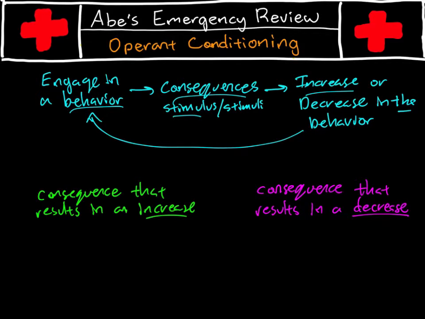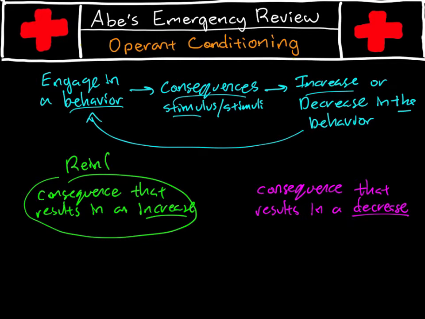So we have terms for these. The consequences that result in increases in behavior, we call a reinforcer. So going up to the vending machine, putting your money in, you have the consequence of getting the candy bar. That is a reinforcer for the behavior of putting money in the vending machine.